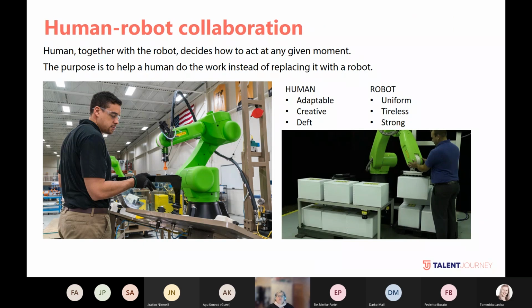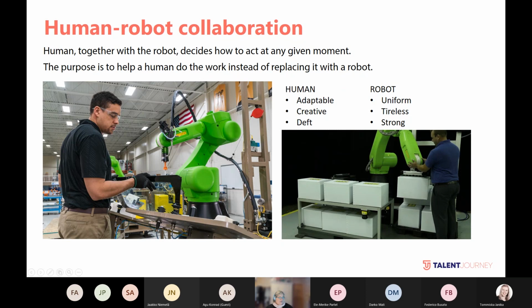Let's then think about the real collaboration between a human and a robot. In such collaboration, it is always the human who decides what to do and how to do it, within the performance of the robot, of course. Instead of replacing a human with a robot, the intention is to bring a robot to help the human do the work.